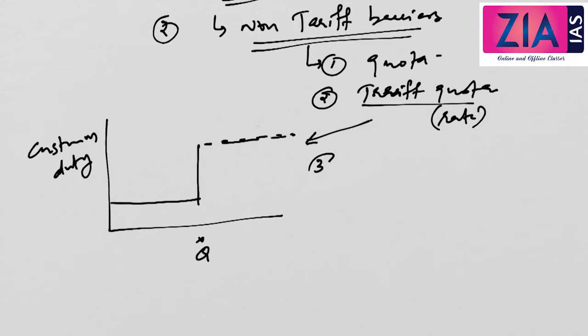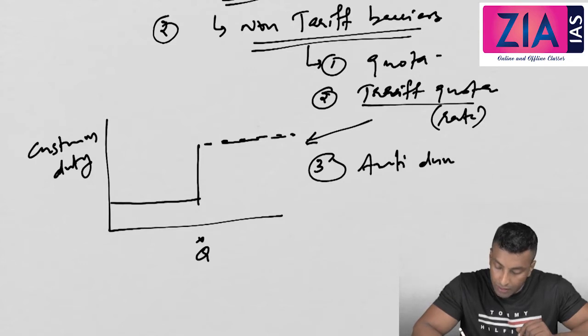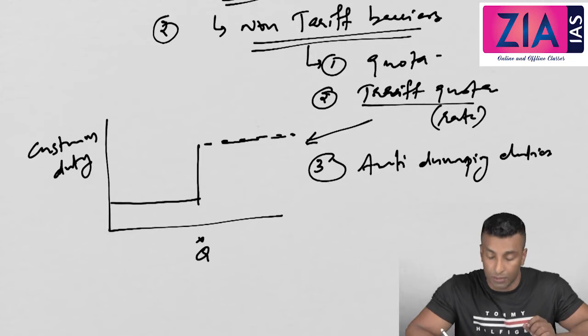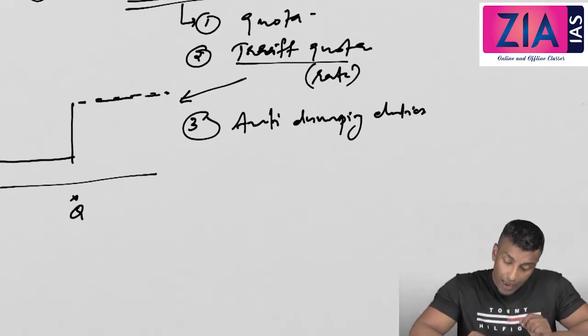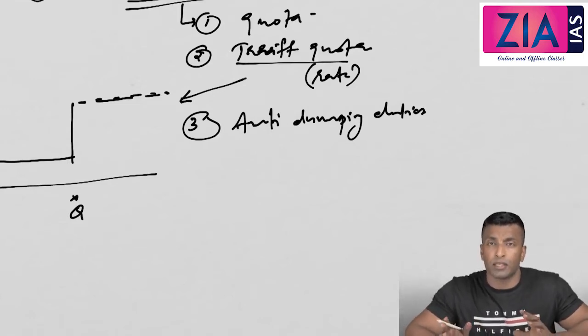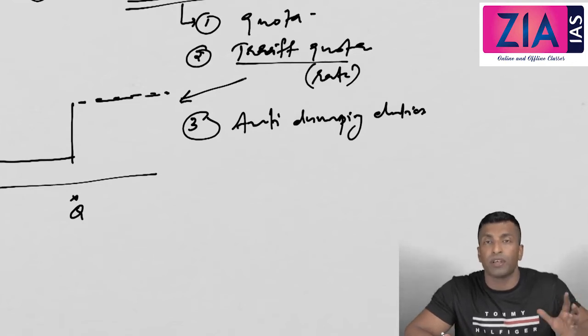Now the third one, you have anti-dumping duties. Anti-dumping duties are additional customs duty which is charged. What do you mean by dumping? Dumping is when products are sold in another country at a much cheaper price than the market price in that country.